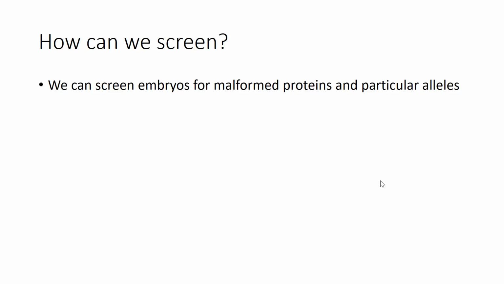And this is especially easy in in vitro fertilization, when you fertilize the ova outside of the female reproductive tract, and then you can, at the 8-cell stage, remove one of the cells and screen that cell for the malformed proteins or for particular alleles associated with malformed proteins.